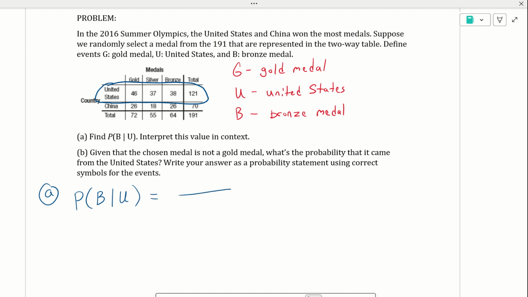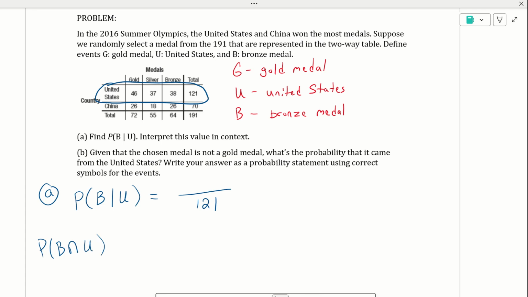So the probability of choosing someone from the United States is in the denominator. Or another way to think about it is you can just say how many people there are from the United States in this situation. So 121. And then in the numerator here, it's the probability of someone winning a bronze and they are from the United States.